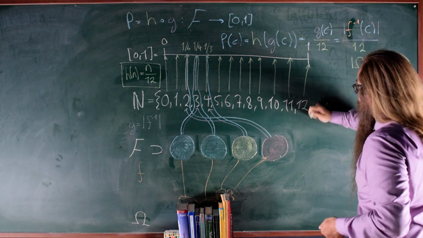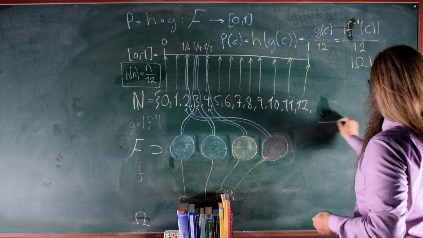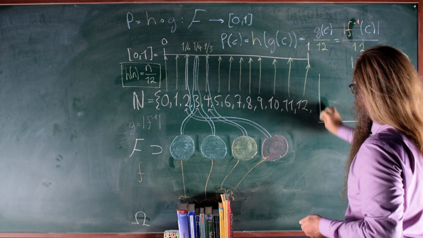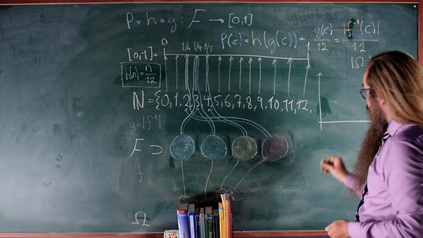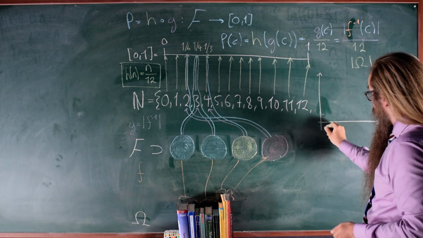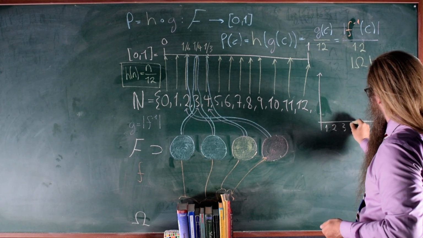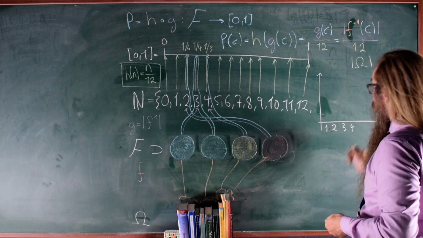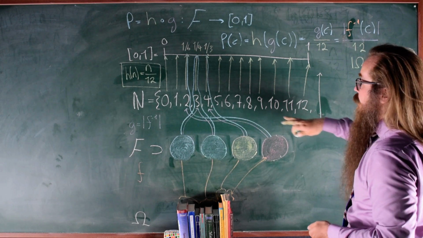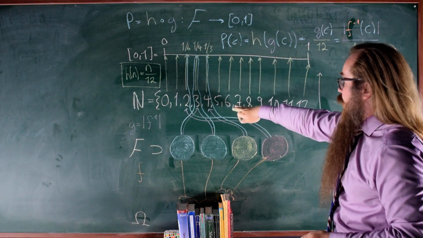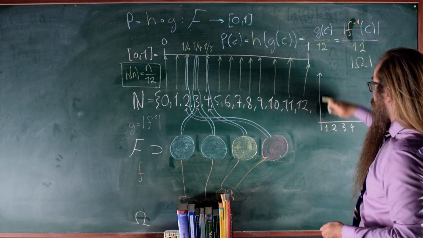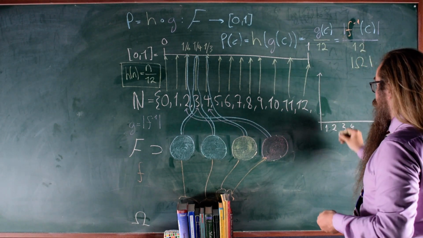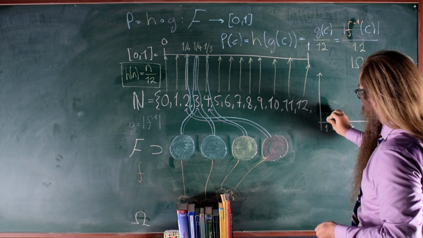For example, we can make so-called axes, and we can put 1, 2, 3, 4 out here, and then we can represent the value associated to each of these on this vertical y-axis. So we can go, okay, cool.